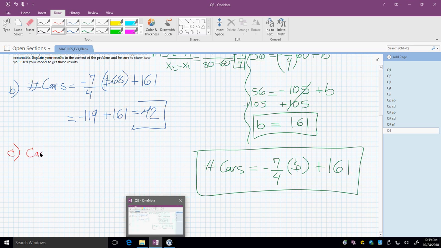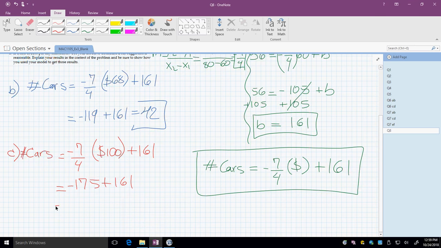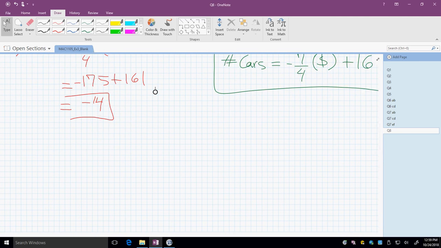So we're going to use our model, which is number of cars equals negative 7 over 4 times $100, plus 161. That is going to give me negative 175 plus 161, which is going to equal negative 14. So no, it is not reasonable. We got a negative number, a negative number of cars rented. So that means no cars will be rented.